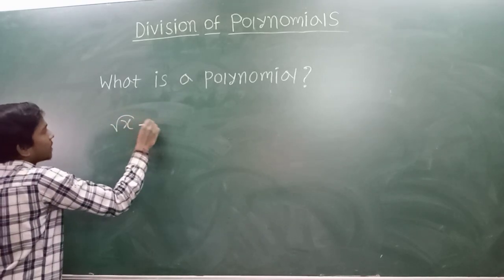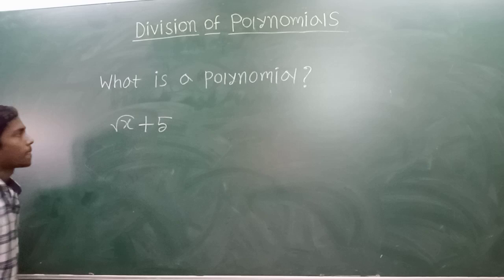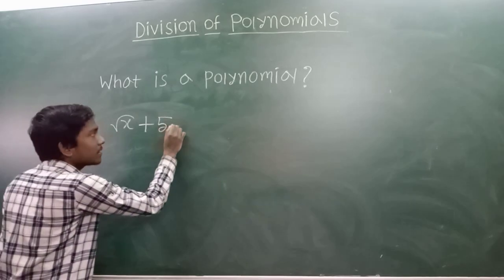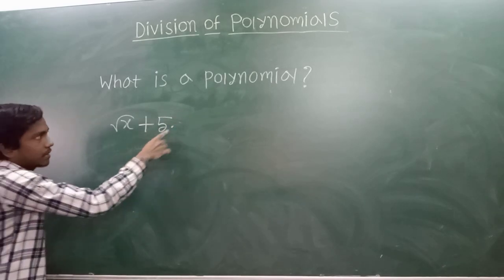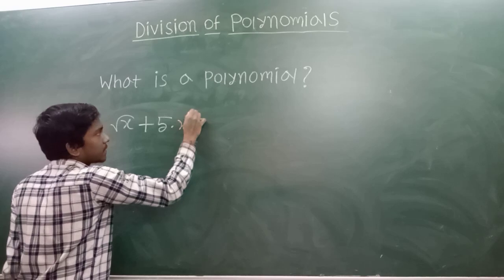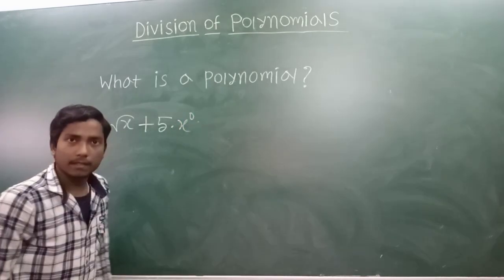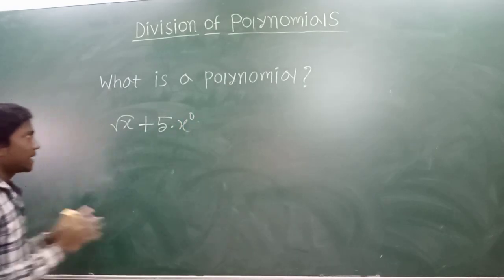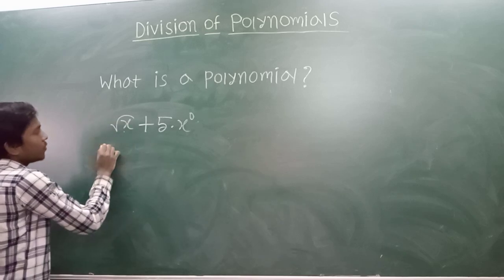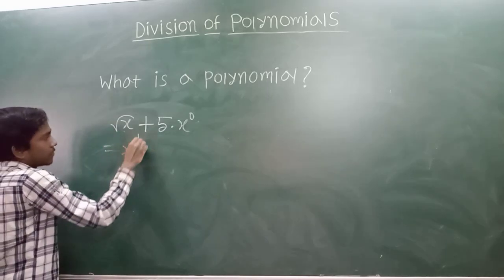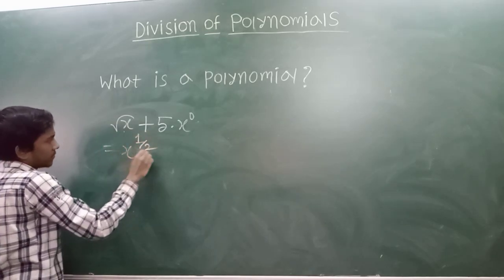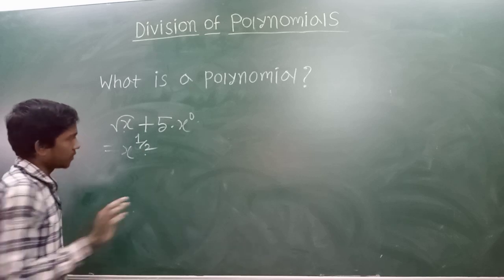Root x plus 5. Now here the power of x in this term, we can write 5 into x to the power 0. So the power of x is 0. 0 is a whole number. But in case of root x, we can write this as x to the power half. Is it true? Okay.